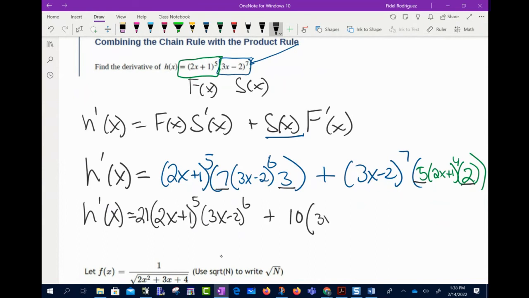This is 3x minus 2 to the 7th, and then a 2x plus 1 to the 4th. And that's probably all right there, y'all, I would do, just kind of fixing those pieces together.